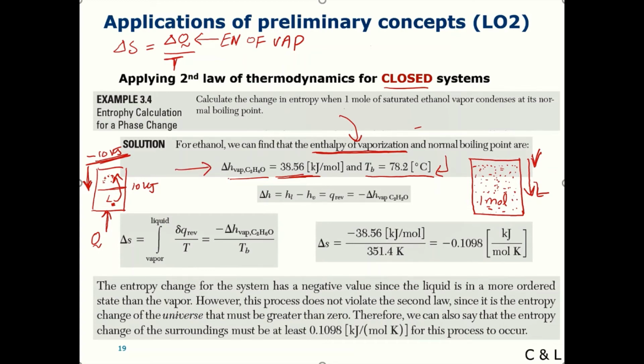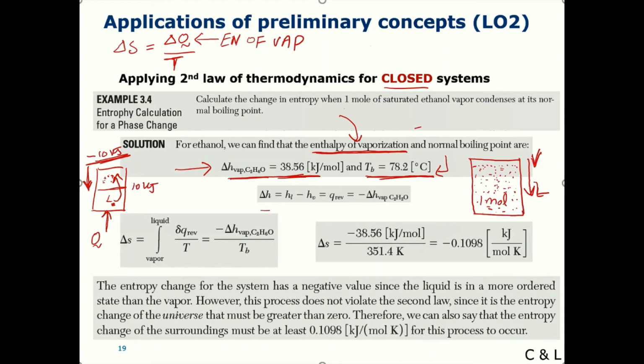So this much energy is required to give to the liquid to make it vapor, which means the same amount of energy we need to remove from the vapor to make it liquid. And this is the temperature at which this phase change happens. Remember, whether you move from saturated liquid to saturated vapor, or from saturated vapor to saturated liquid, the temperature is the same.